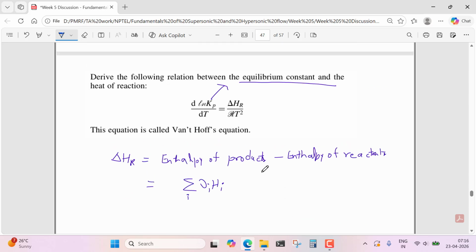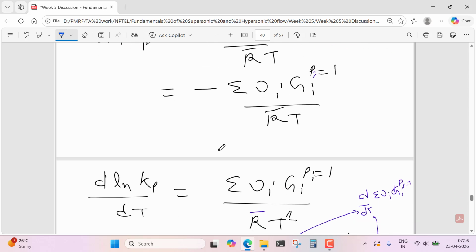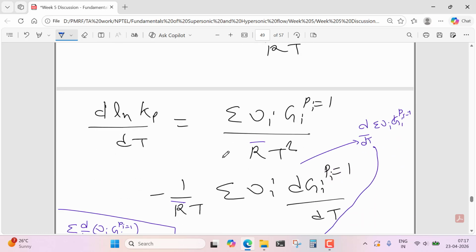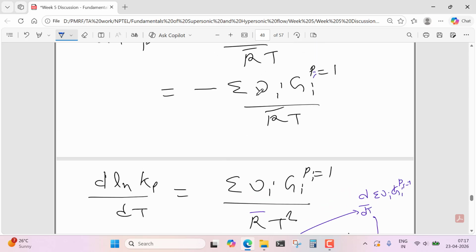Now in this equation there is a temperature dependence, so we will take its derivative with respect to temperature. ν_i is constant, so the derivative will act on T and on Ḡ_i(P_i = 1). For T, it becomes Σ ν_i Ḡ_i(P_i = 1) upon R̄T squared.